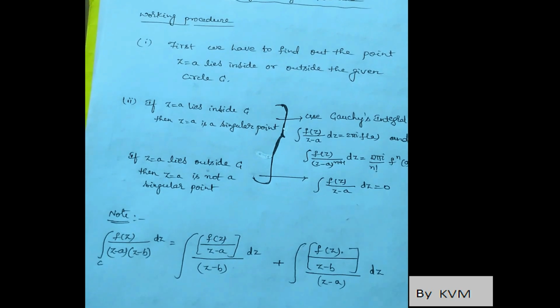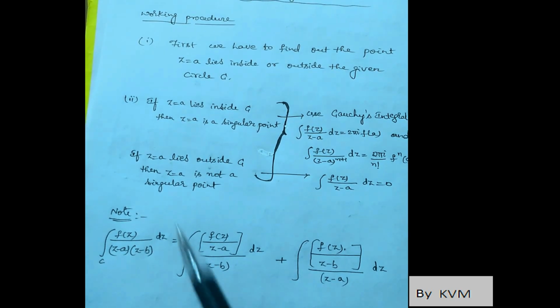Then one more point you have to remember while solving the problem. Any fraction which is of the form integral f of z by (z minus a) into (z minus b) dz over a closed curve C, you have to observe that in the denominator there are two linear factors, z minus a and z minus b. The power of z minus a is 1 and the power of z minus b is also 1.